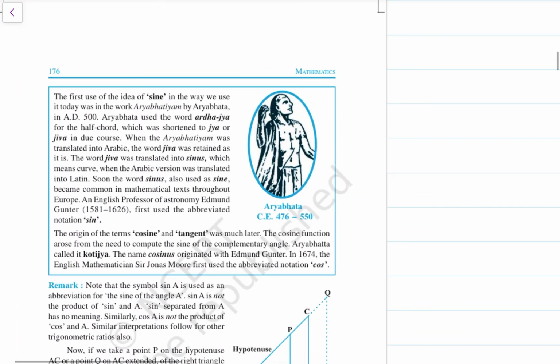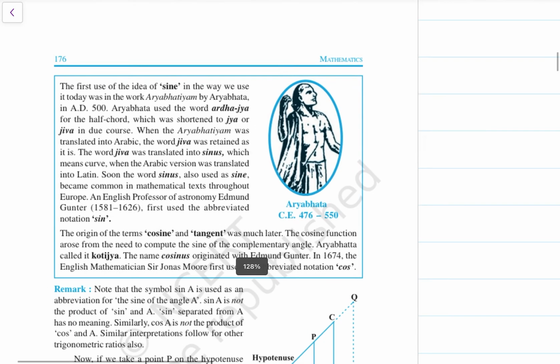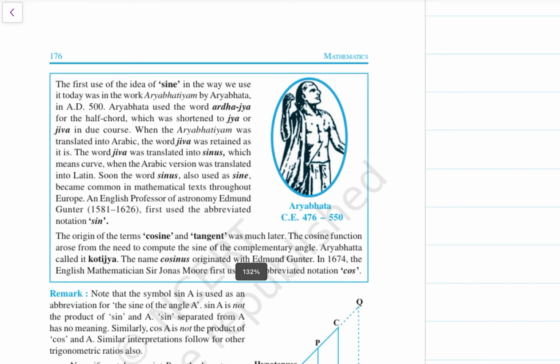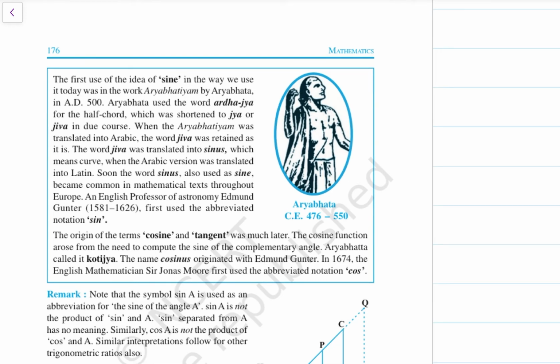Now let us talk about who found it out, a little bit of history about trigonometry. The first use of the idea of sine in the way we use it today was in the work of Aryabhatta in AD 500. Aryabhatta used the word Ardhajaya for half chord.